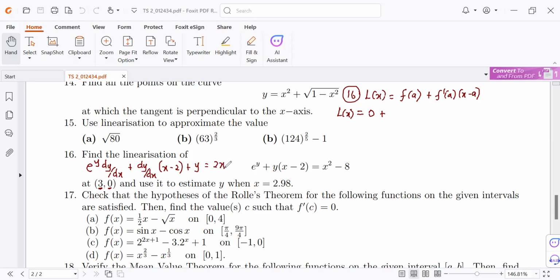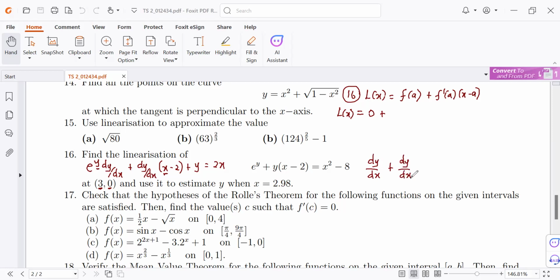And then substitute a there. Where there is x, we'll put 3, where there is y, we'll put 0. So we're going to have dy/dx plus 3 minus 2, that's 1. That will be plus dy/dx again.